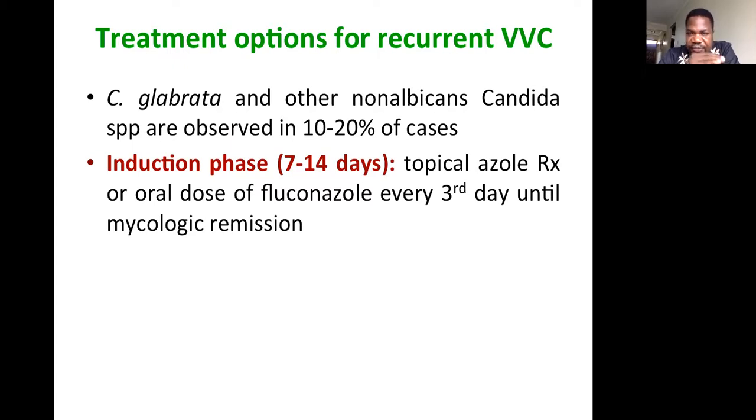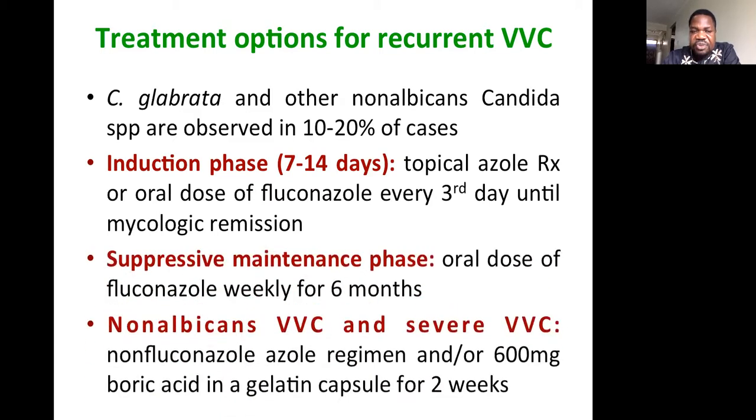So you start to manage recurrent cases of VVC with what we call an induction phase. The induction phase lasts for 7 to 14 days, where you use topical azole treatment or oral doses of fluconazole every third day until the patient experiences mycological remission.